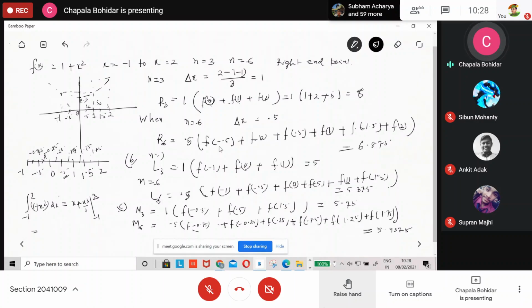When putting 2, it is 2 plus 8 by 3, then minus, it is minus 1, so it is plus 1, then plus 1 by 3. So 6.